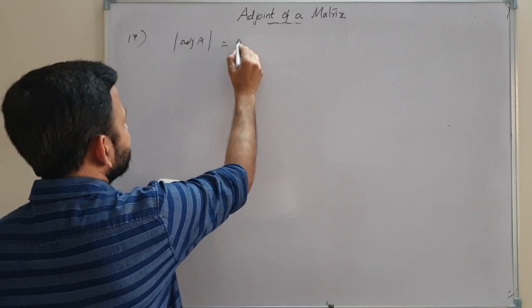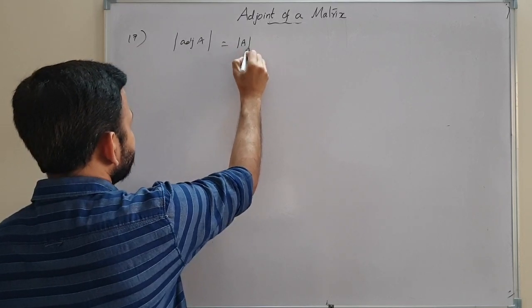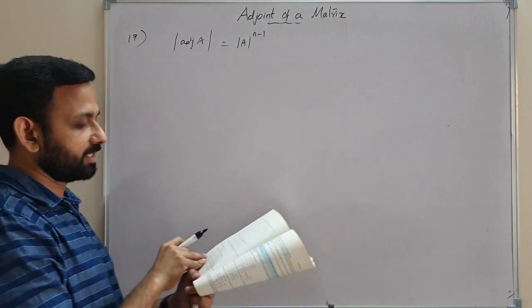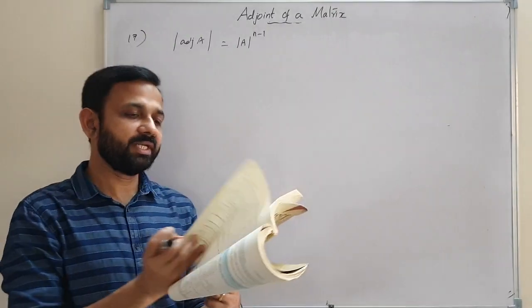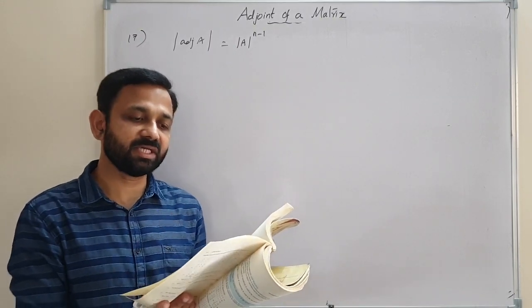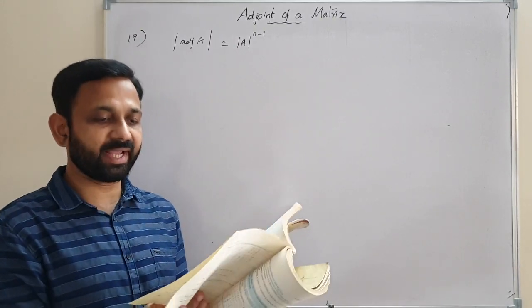Determinant of adjoint A is equal to determinant A raised to the power n minus 1, if A is a non-singular matrix of order n.